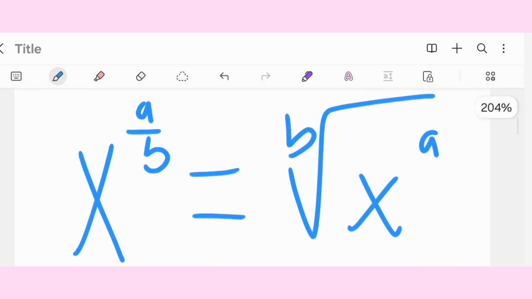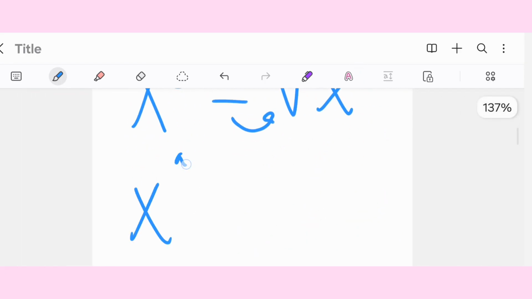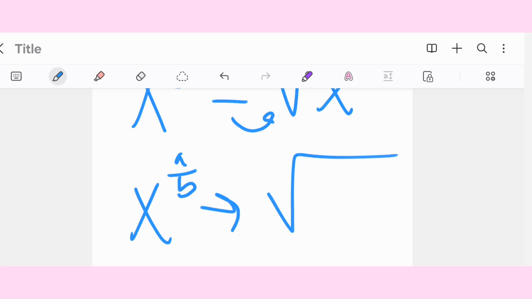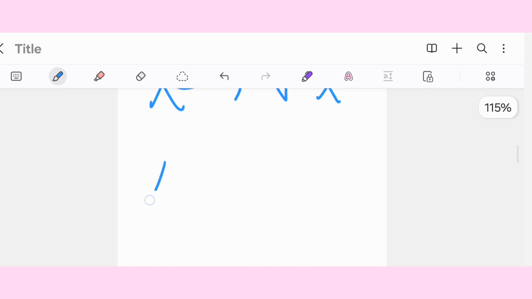This number on the bottom, we say bye to it, right? So it's going to go outside this radical. If we're trying to turn x to the a/b power into a radical, the b on the bottom says bye. It's going to go outside of the radical because we said bye to it. We keep this a, x to the a power, right? Even cleaner, let me rewrite this one more time.